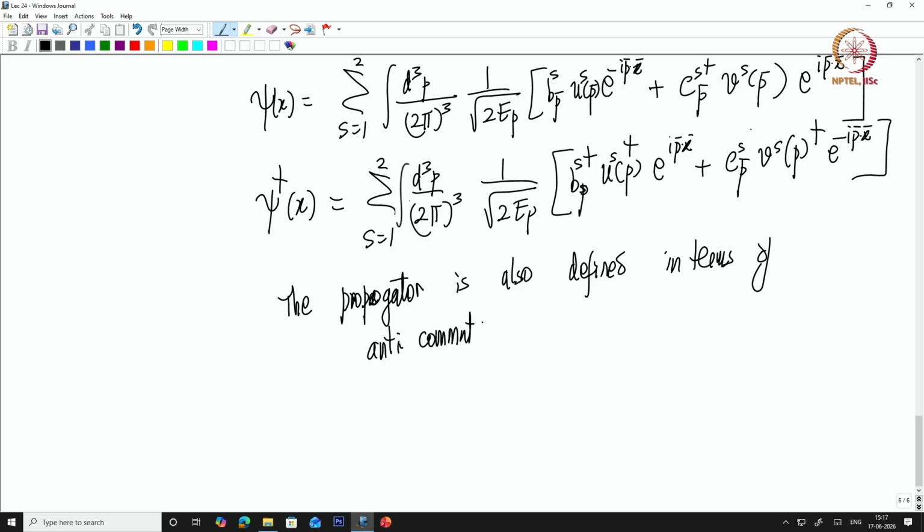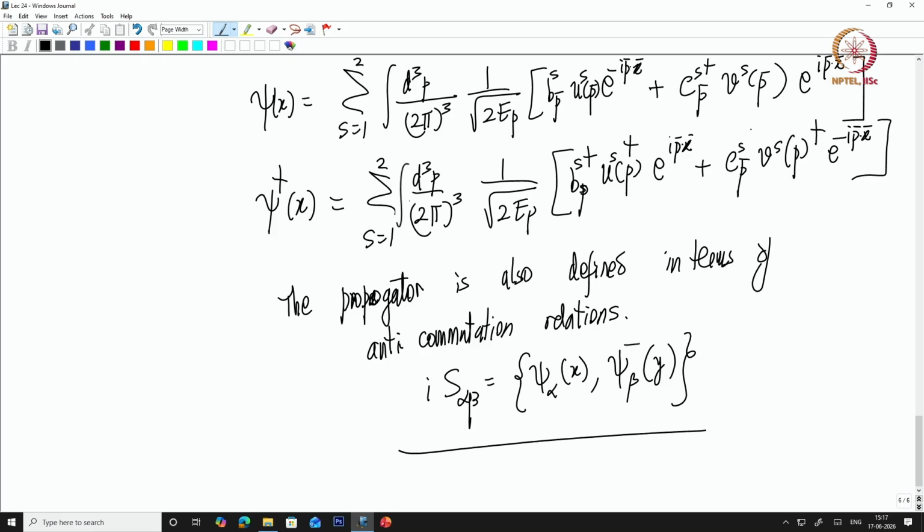It makes sense because I think we have seen it in other lectures of this course that the propagator is the sum of all the possible states essentially. So you had to have anti-commutation of psi x and psi bar y. Okay, this is how you define your propagator.